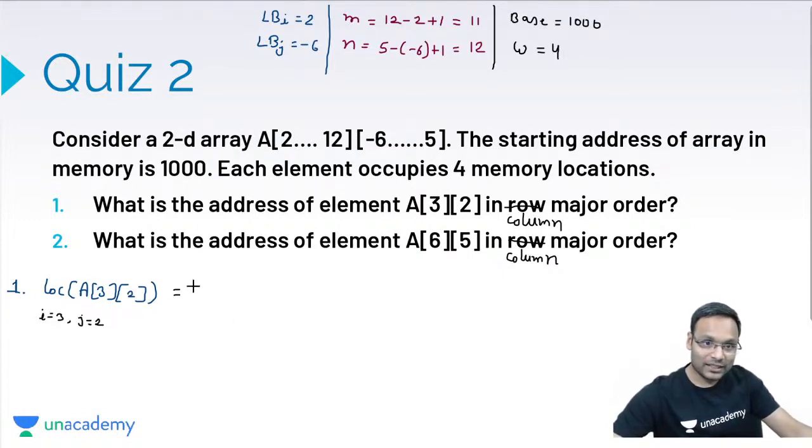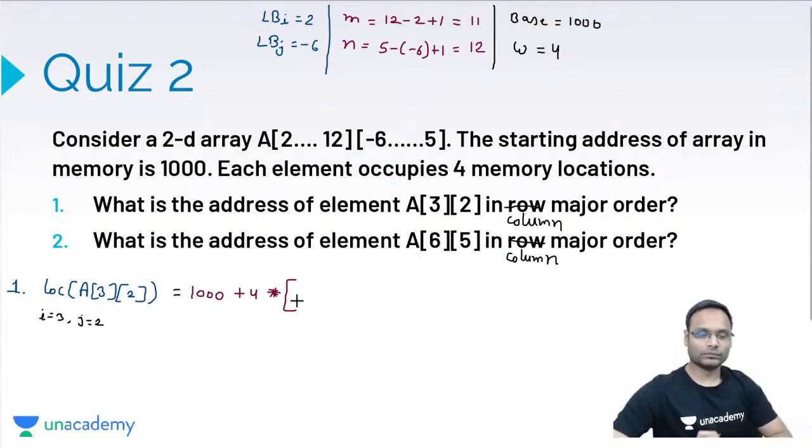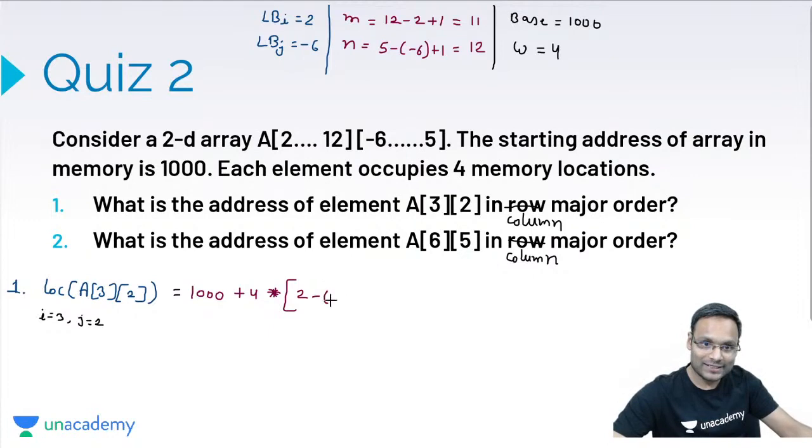Base 1000 plus W 4 into column number 2 minus the lower bound of column -6, into the number of rows in each column, 11, plus row number 3 minus the row lower bound 2.